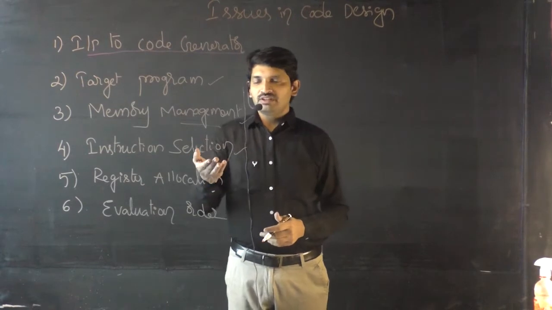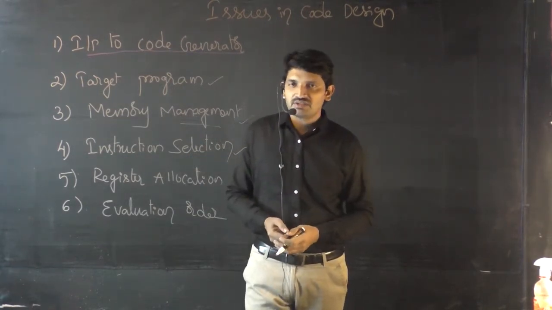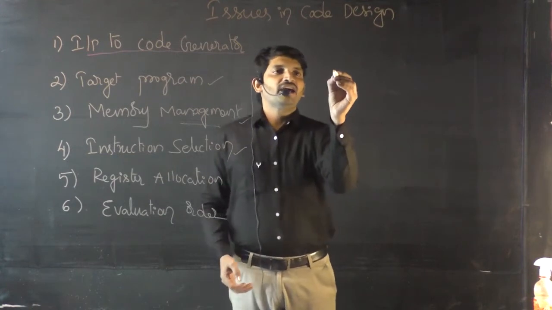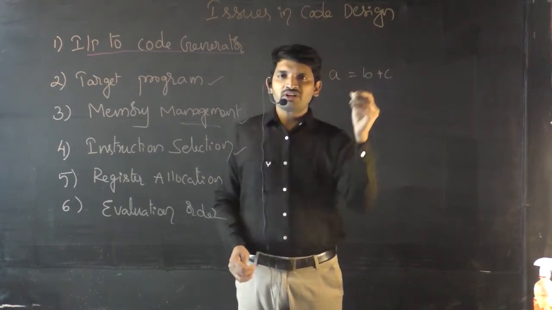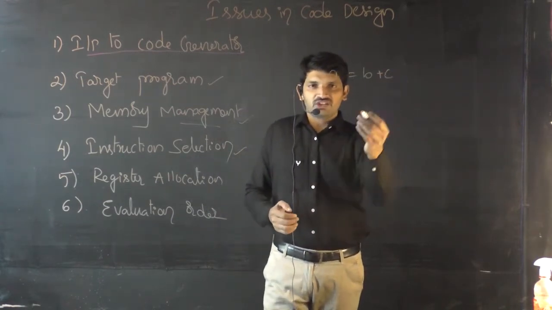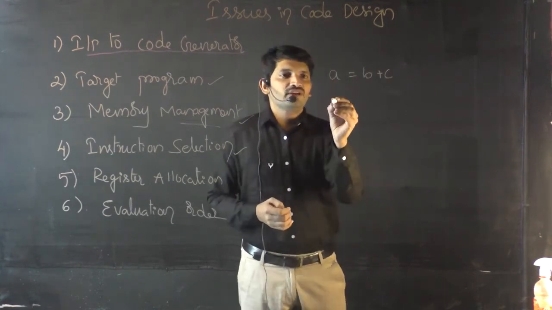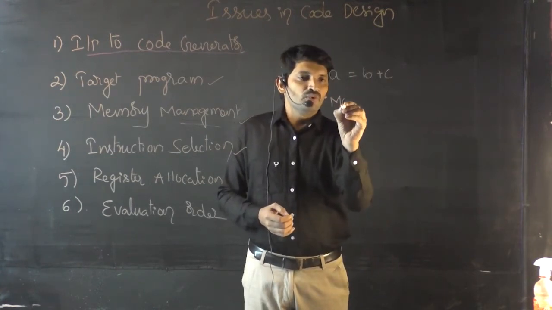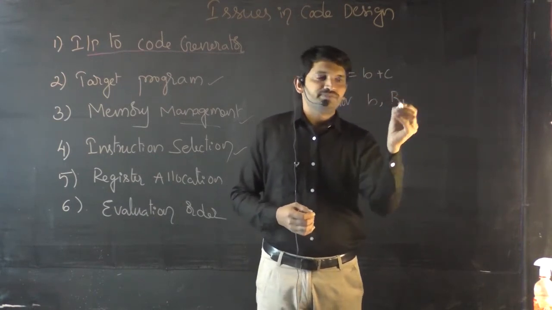Now we are going to deal with instruction selection. So what is the meaning of instruction selection? Let us say I have an operation A equal to B plus C. No doubt, this is the 3 address code form. For this 3 address code form, if I am dealing with registers, what do I have to write? First I have to move B to some register R1.